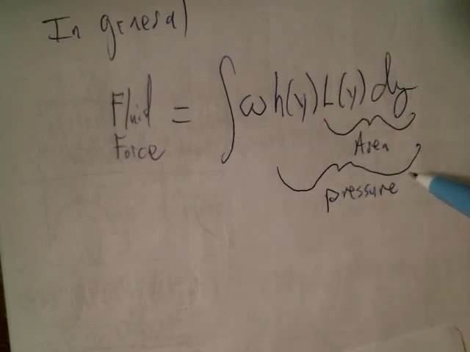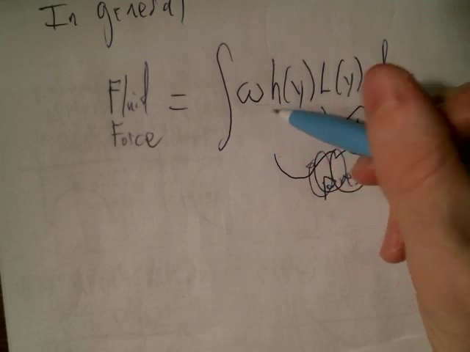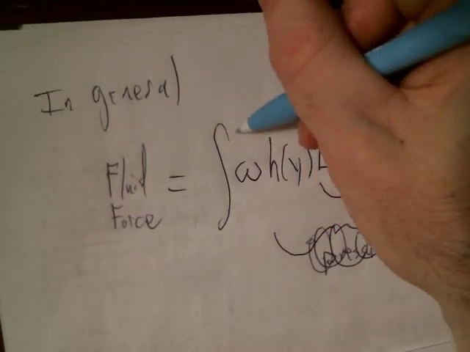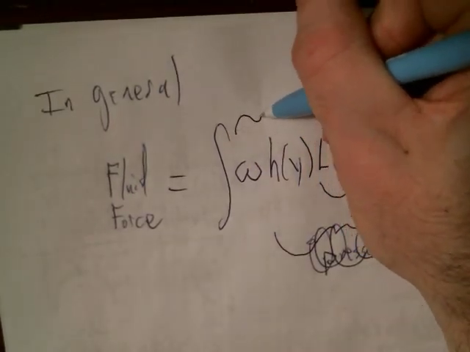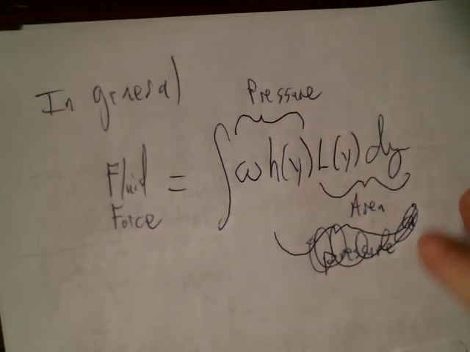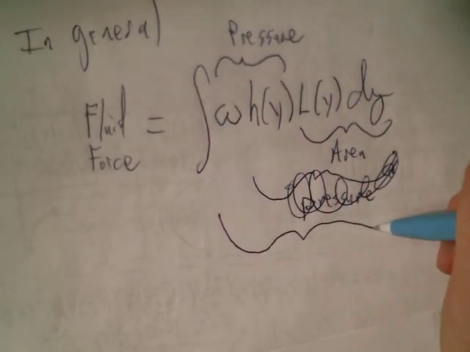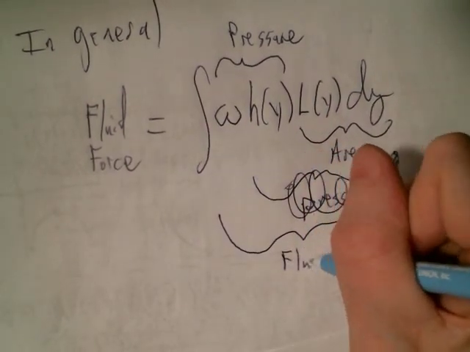Pressure is depth times, sorry, that wouldn't be the pressure, right? It's depth times the weight density. This is the pressure right here. And then when you multiply the pressure times the area, then you get the fluid force. Sorry about that.